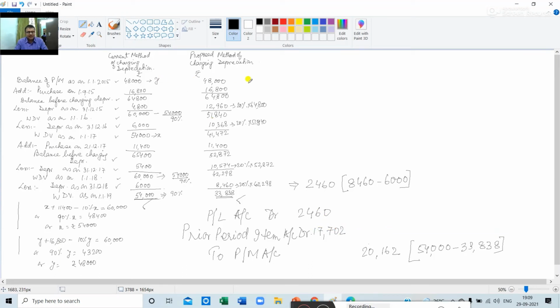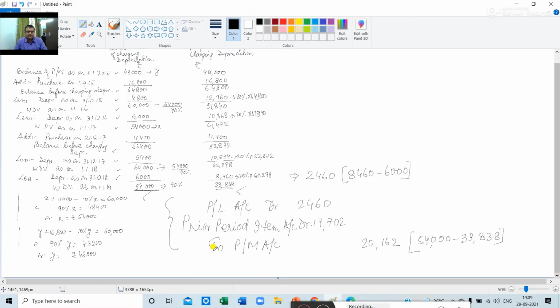You can also calculate it: if you find the difference of charging depreciation for 2015, 16 and 17, you will arrive at 17,702. So this is the journal entry that you have to pass as on 31st December 2018, being the excess amount of depreciation charged as on 31st December 2018.